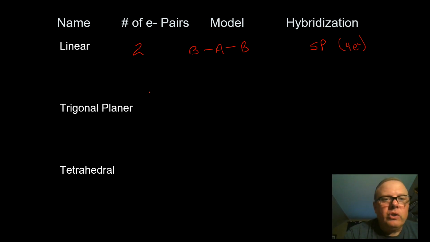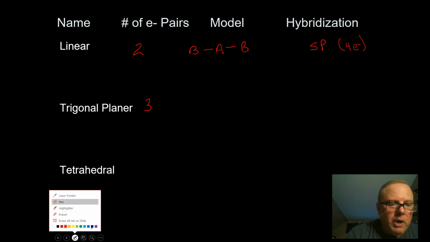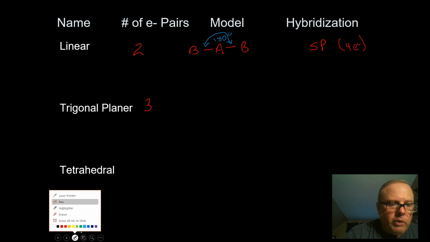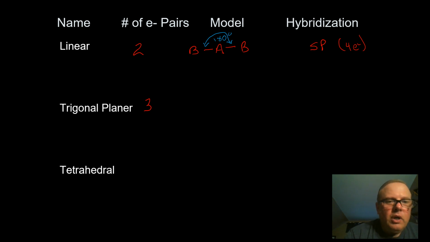Trigonal planar is going to have 3 pairs of electrons. Now, I didn't make a big deal of it, but when I drew these, I drew them at 180 degrees apart from each other. So if we were to do bond angles on this, we would say that they are as far apart as possible. They are 180 degrees apart. So then it makes sense with trigonal planar here, we're going to have 3 bonds.